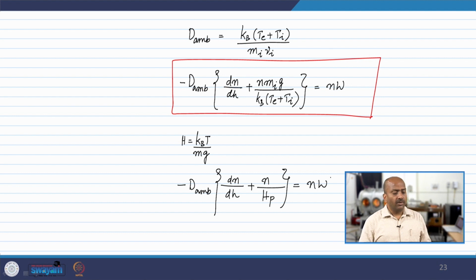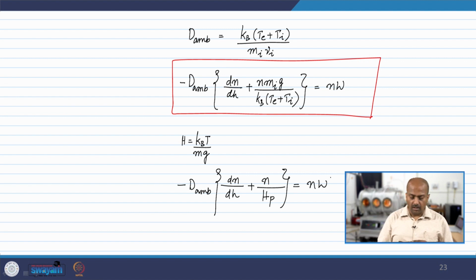So, despite the differences in mass and velocity, both the electrons and ions diffuse at the same rate, which is characterized by the ambipolar diffusion coefficient. So, this type of diffusion process is known as the ambipolar diffusion.